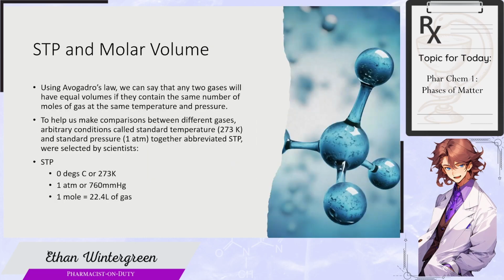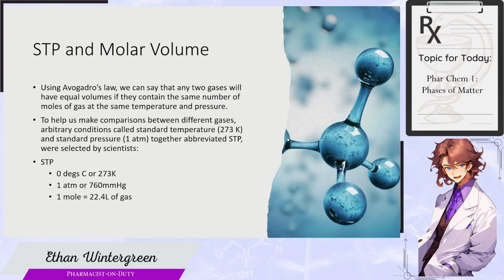Next, we have STP and molar volume. Using Avogadro's law, we can say that two gases will have equal volumes if they have the same number of moles of gas at the same temperature and pressure. So to help us make comparisons between different gases, we have set arbitrary conditions called STP, standard temperature and standard pressure.